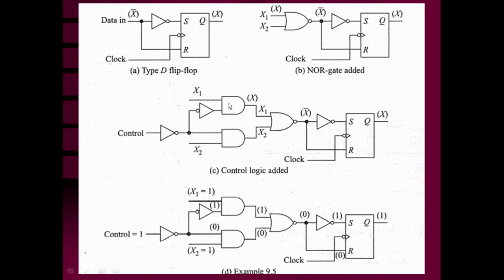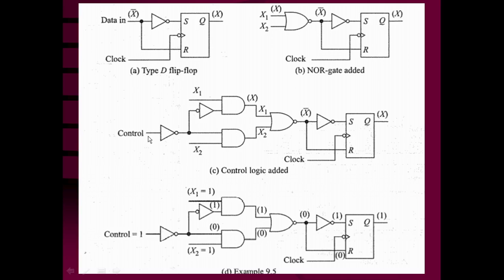One of the inputs of the upper AND gate is going to be high, and this input of the lower AND gate is going to be low. So the output of the lower AND gate is going to be 0. So X2 is going to be grounded. And data at X1, either 0 or 1, will pass through the upper AND gate and is available at the upper leg of the NOR gate. And this data on a negative transition of the clock pulse will be shifted into the flip-flop.